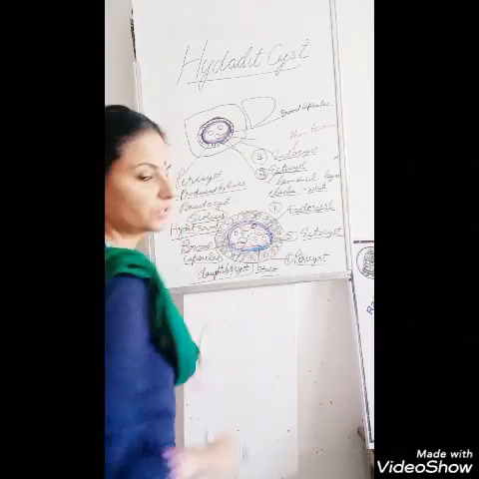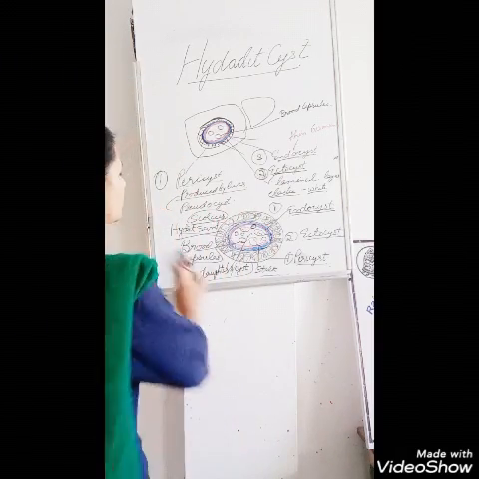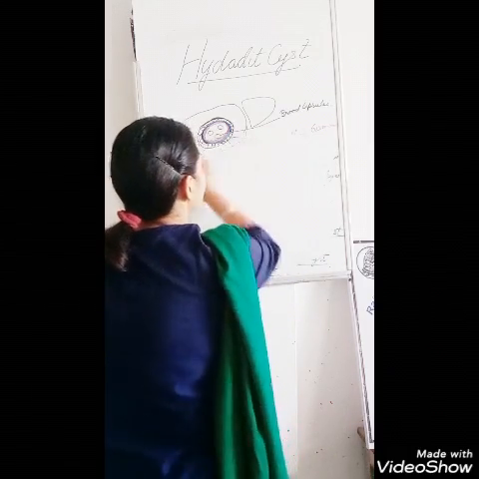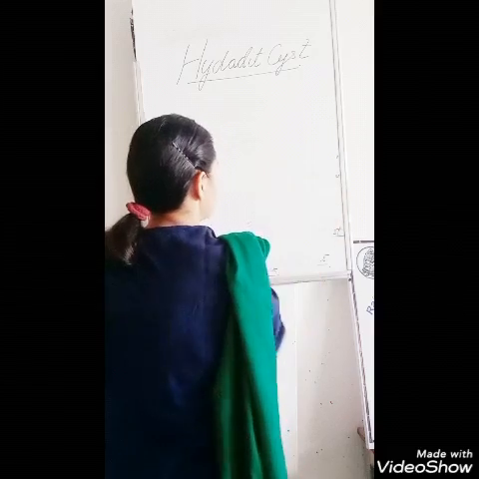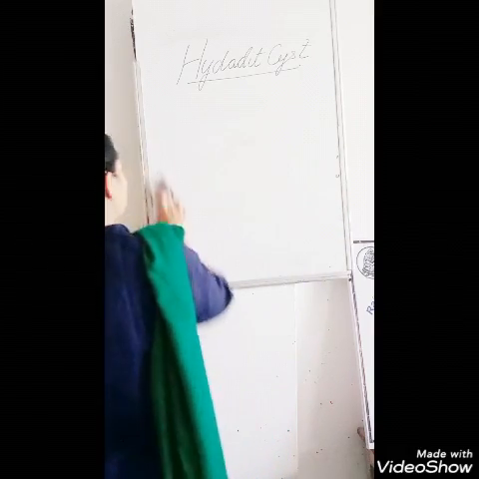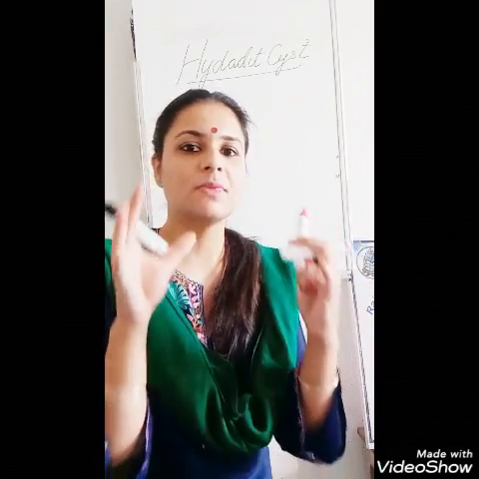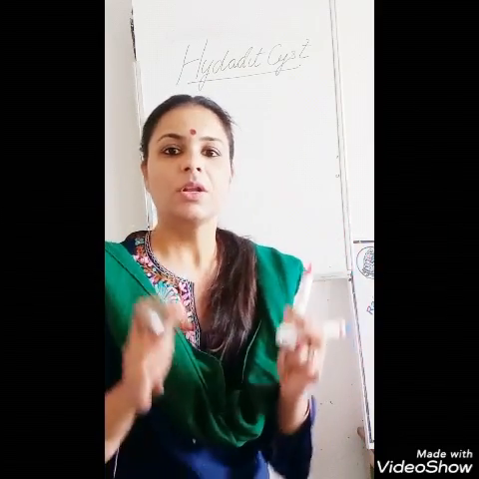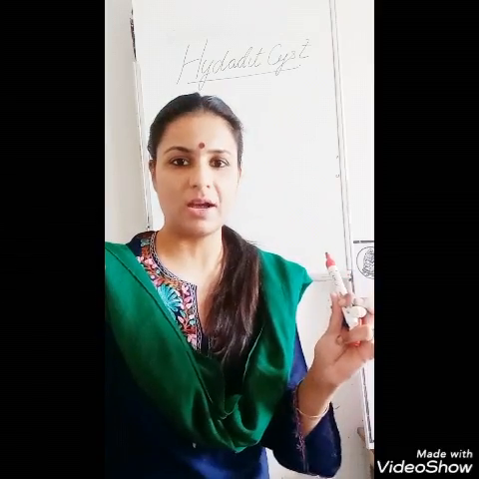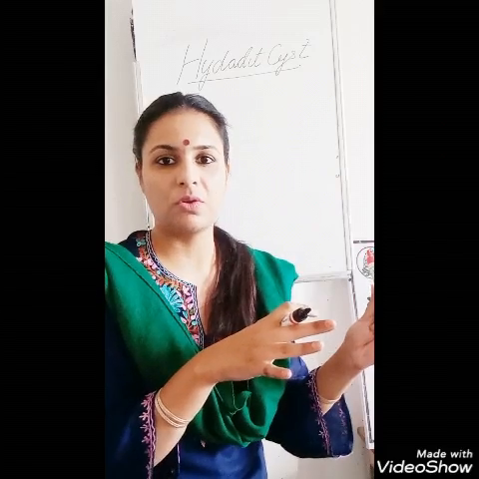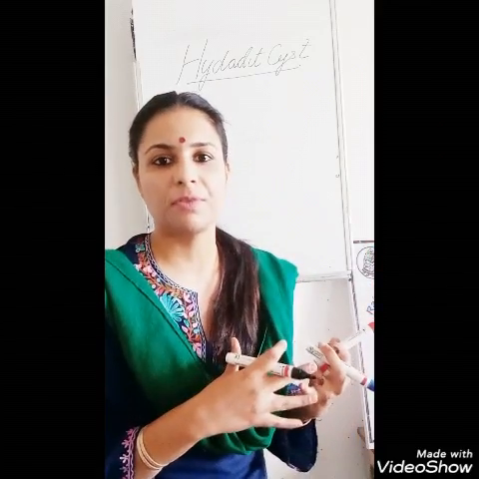So this is the structure of the hydatid cyst. A mother cyst will have daughter cyst, granddaughter cyst, and the multiplication will keep growing on. And the brood capsules will have inside the scolices. Now this will always be in the larval stage and cannot develop into the fully grown tapeworm, because the environment is not favorable.